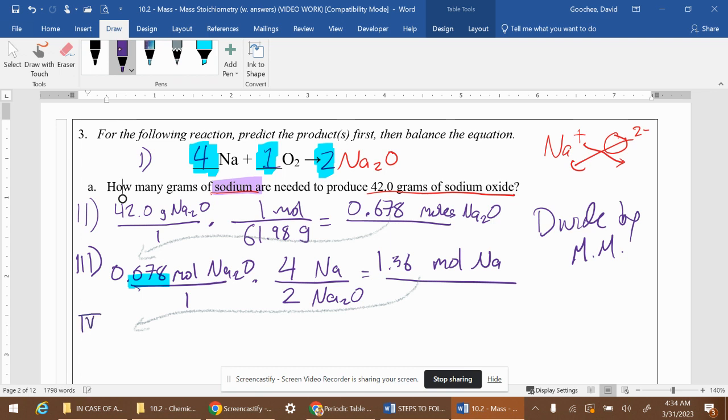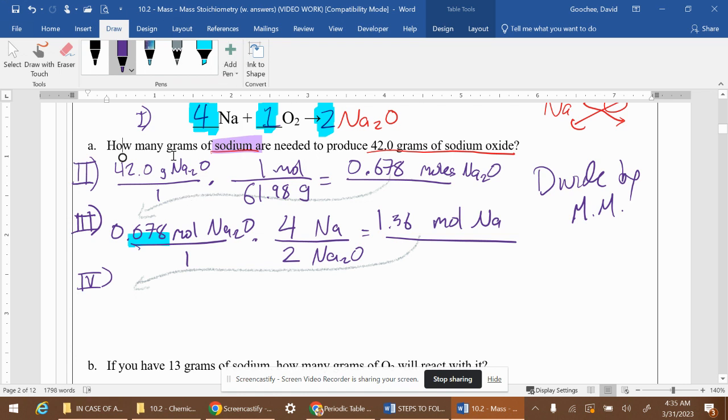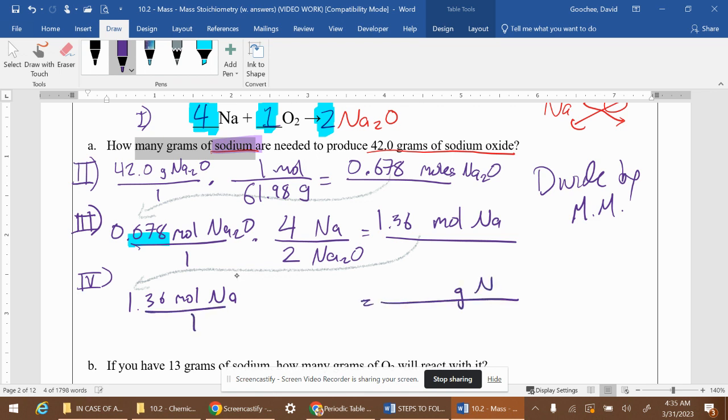Now, the last step is, so Roman numerals here, make them more Roman. Nice. All right. We need to get our moles of sodium and convert them into a real world amount, grams of sodium. So we got to get out of moles of sodium, 1.36 moles of sodium. We got to get into grams of sodium.